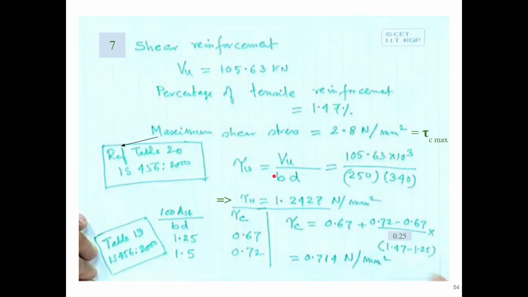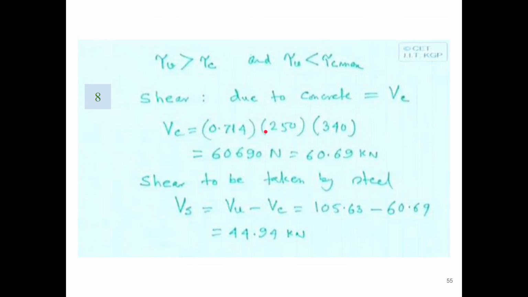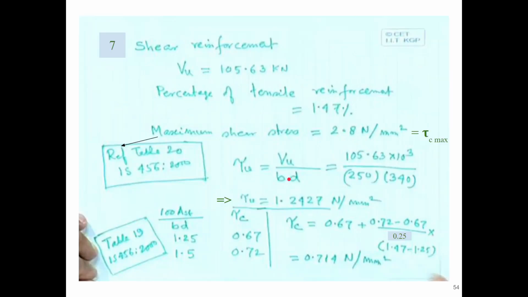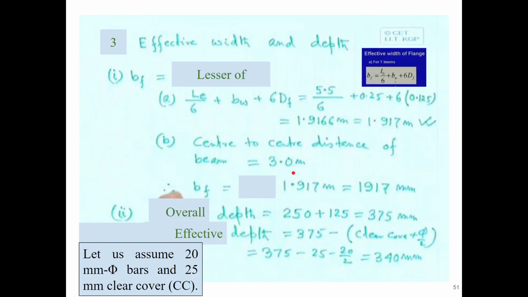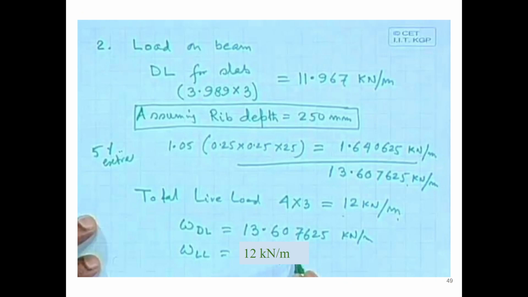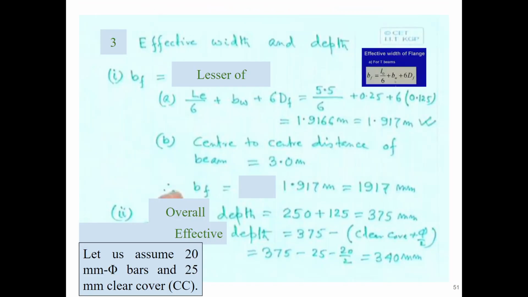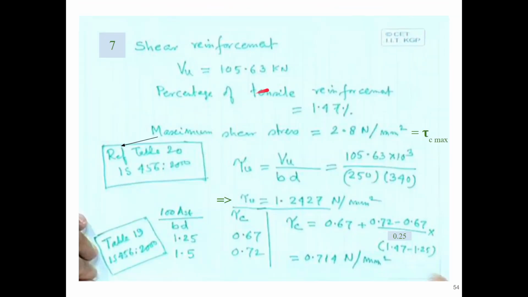And tau v will be 105.63 into 10 cube divided by 250 into 340.